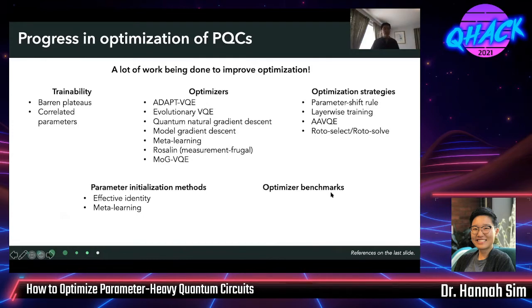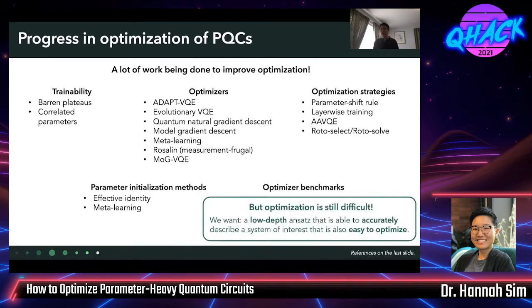But despite all this progress, I want to argue that optimization of PQCs is still very challenging.